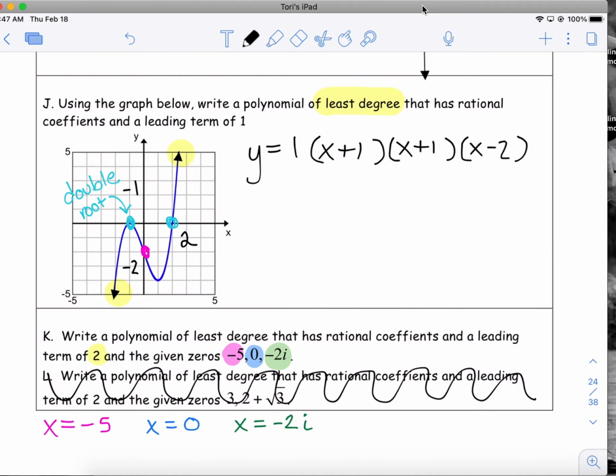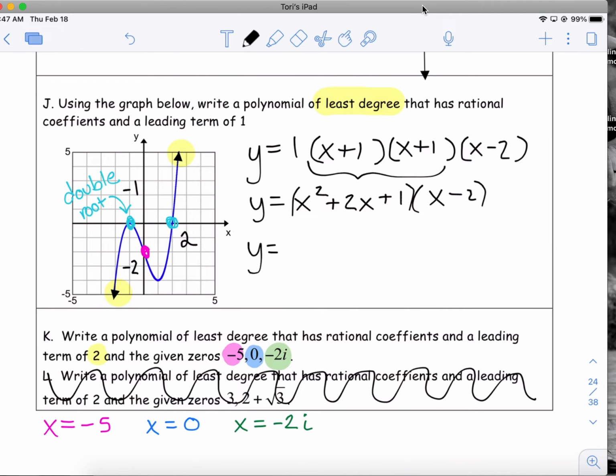And then I can put this together. So I know that my x plus 1 squared gives me x squared plus 2x plus 1. And then if I FOILed this out one more time, we would multiply through with the x squared, so x to the third minus 2x squared.